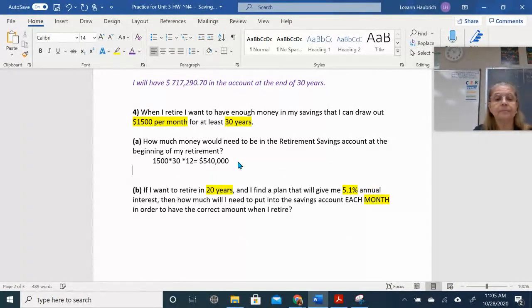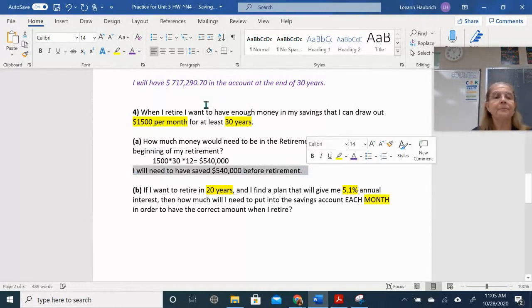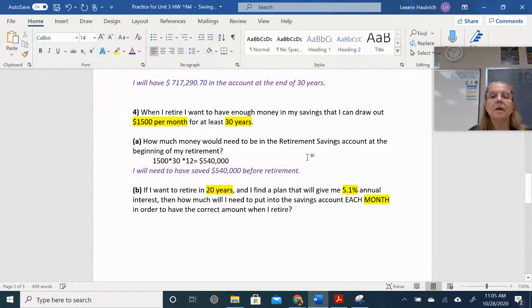So I will need to have saved, this is a little bit different wording than the other, $540,000 before retirement. And if I want to make it look like the others, I could just do it in purple and italicized so it shows. Okay, hopefully that will make some sense to you.